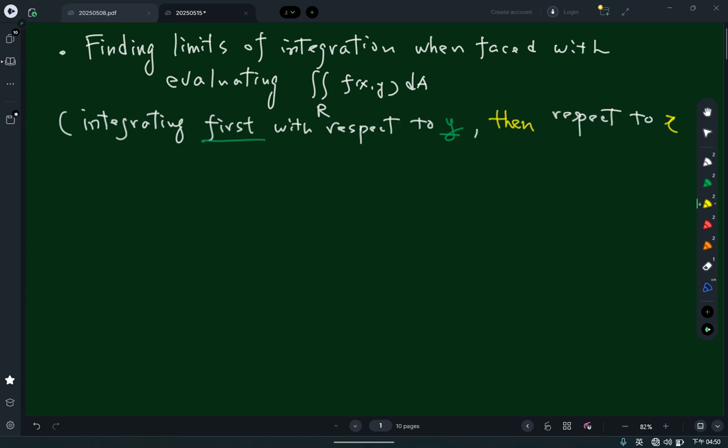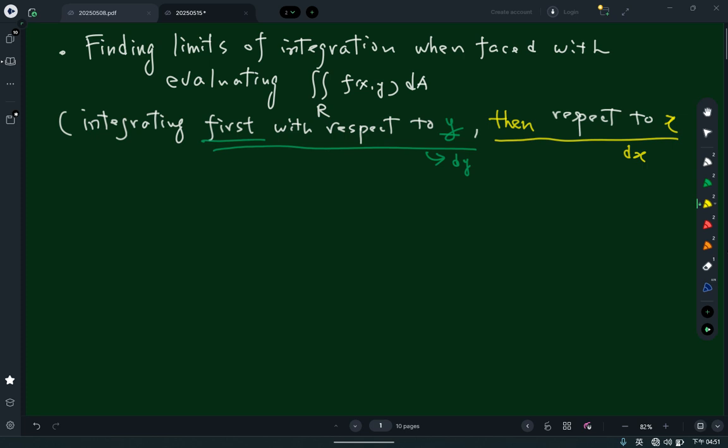So you can see if with respect to y first, you can just imagine that we will go for dy first. Then with respect to x, then we will go for dx. So you can just imagine. If we just integrate first with respect to y, that means dy will be the inner part. Then dx will be the outer part.